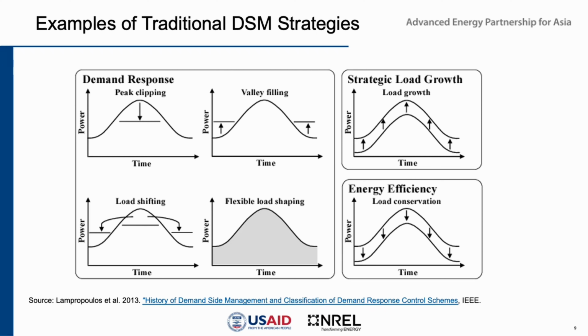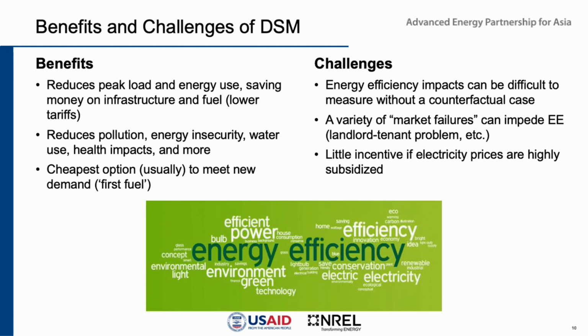The benefits and challenges of demand-side management have been very, very well researched. And there's a rich literature dating back to the 1980s at least on why we should do more demand-side management and what impedes greater penetration of demand-side management. Some of the benefits, as I've noted earlier, are that DSM reduces peak load and energy use, which saves money on infrastructure and fuel, and that results in lower tariffs for consumers as well.